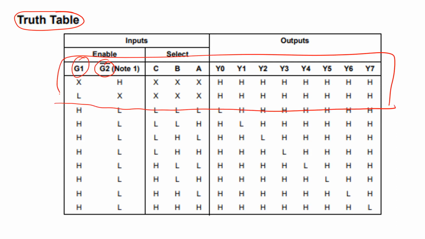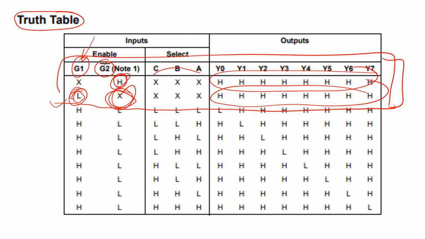What we are seeing here is exactly what I told you. If you make this one high, it is going to be disabled. If you make this one low, because this one is active low as I told you, then regardless of what you put here, it is disabled. So when this chip is disabled, you can see all outputs are high, regardless of the values of the select inputs.